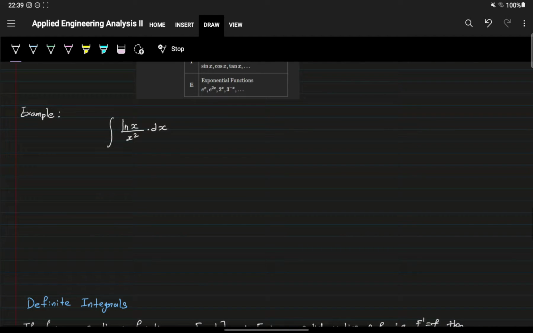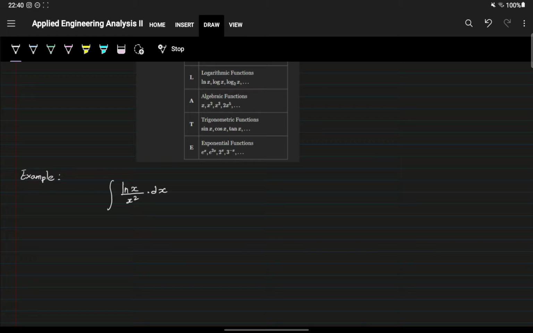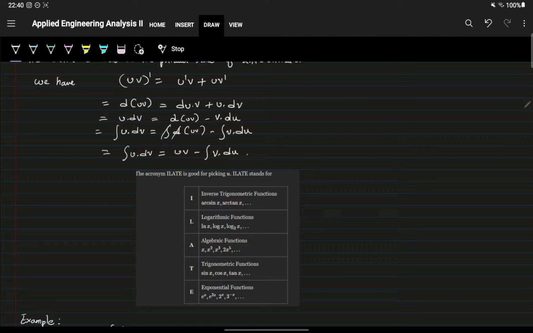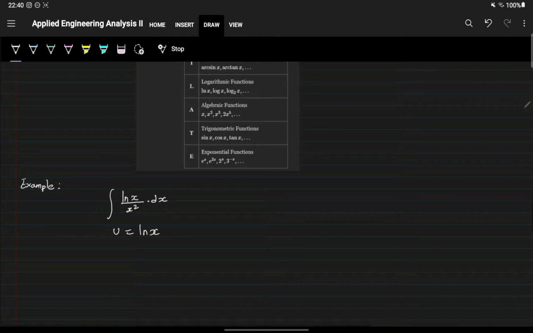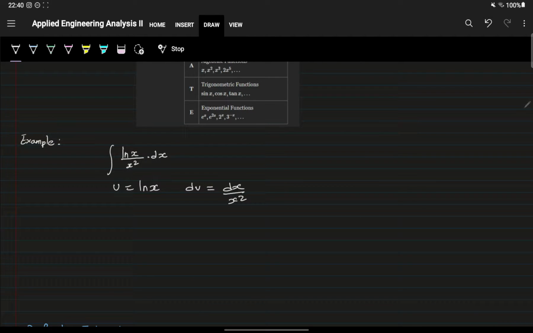Here we have an example. We need to find the integral of log x by x squared dx. Here we have two functions, a logarithmic function and an algebraic function. So in order, our u would be log x, and dv becomes dx by x squared.